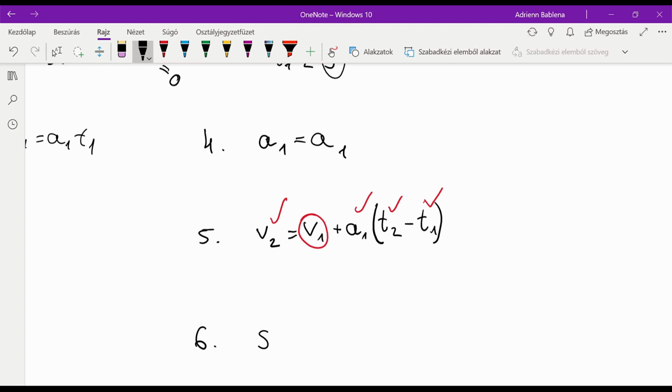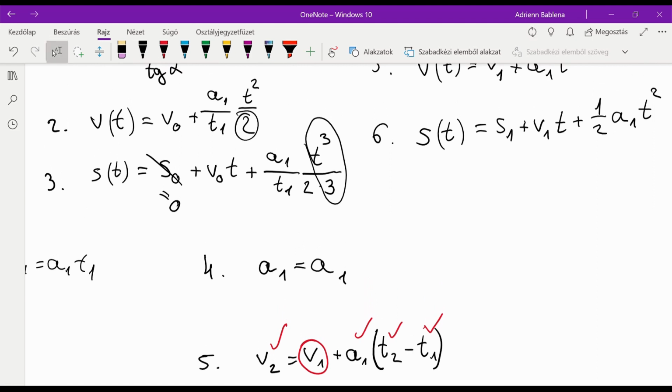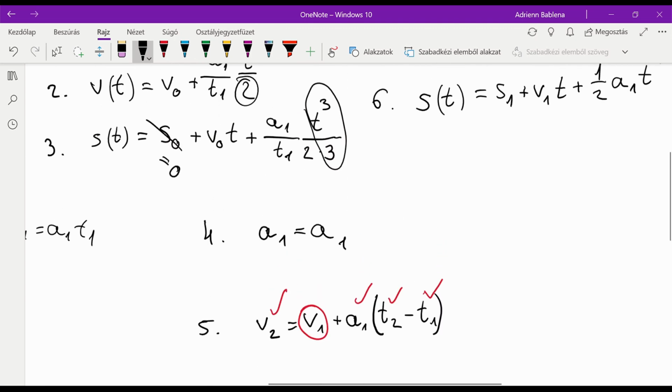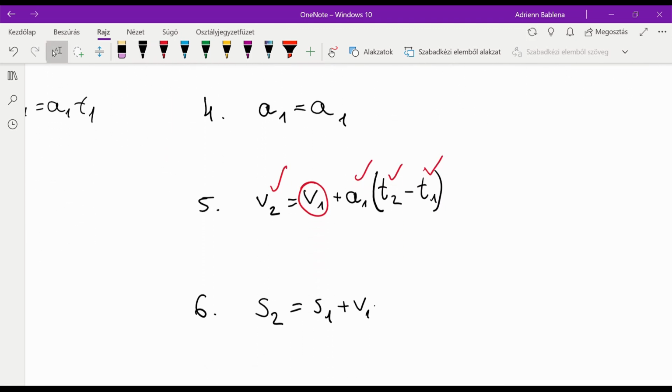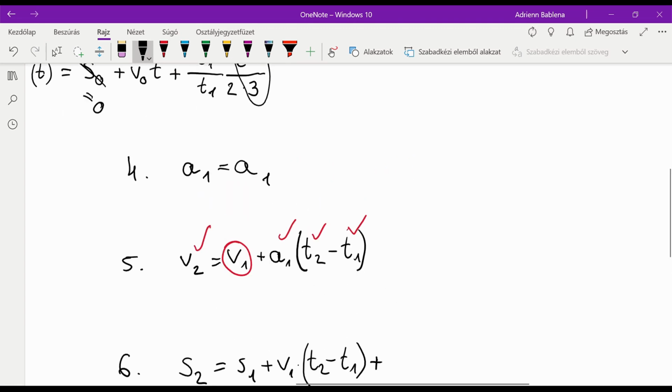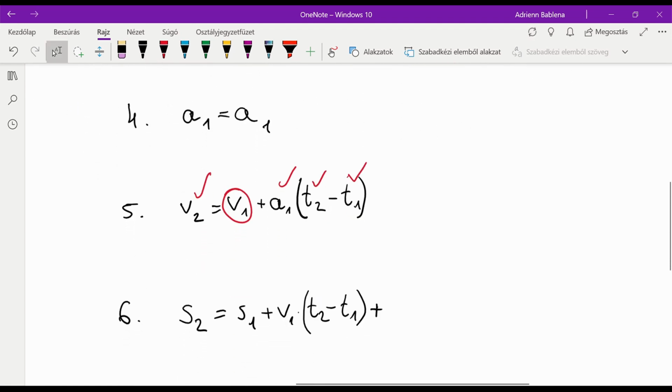Sixth value. So at the end of the second section, our displacement reaches S2, and our initial value was S1, so the initial value of the second section was S1 plus V1 times T, I hope, yes, and the time interval in the second section is T2 minus T1, plus 1 over 2 A1 times T squared, which is T2 minus T1 squared.